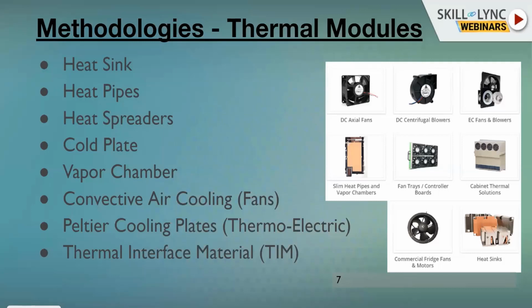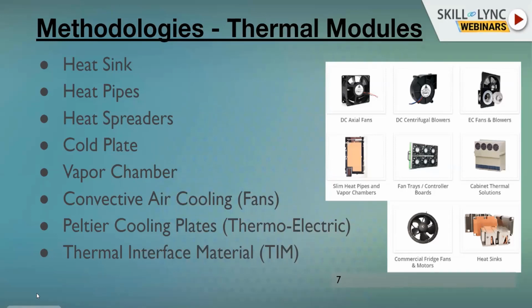Vapor chamber and heat pipes are one and the same; the structure is different. A heat pipe is a small tube-like structure. A vapor chamber is a surface or a plate. Convective air cooling means fans, blowers, radial fans.